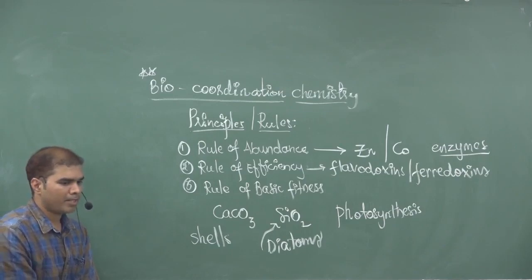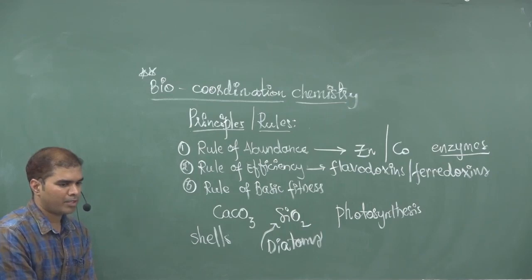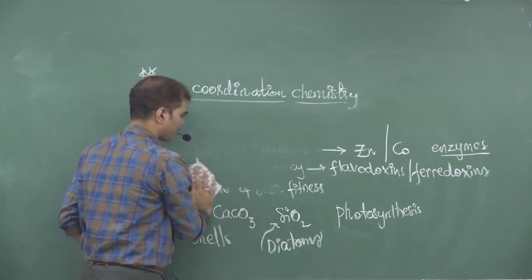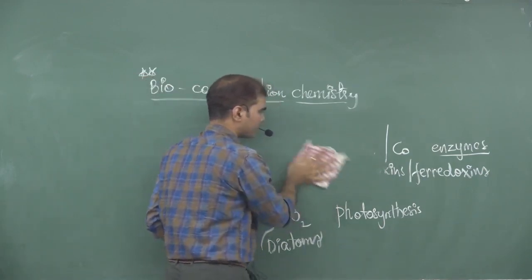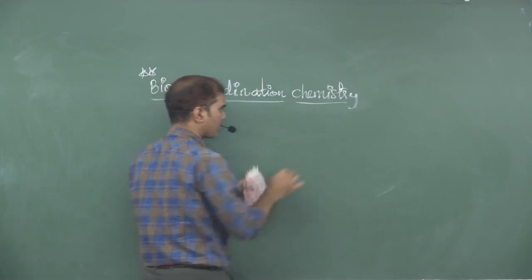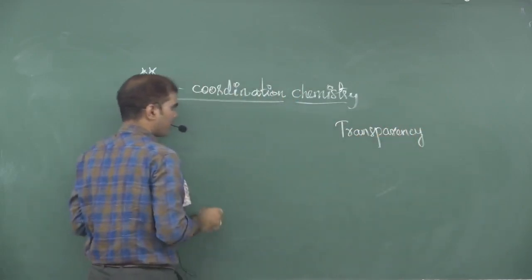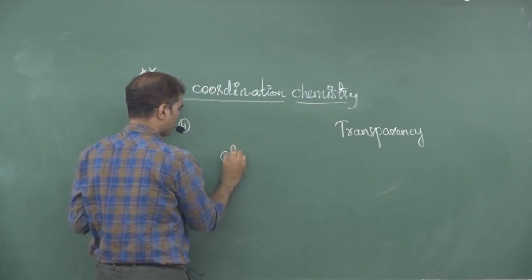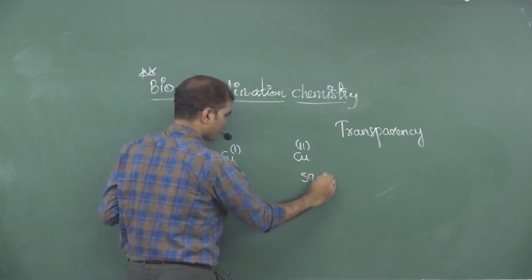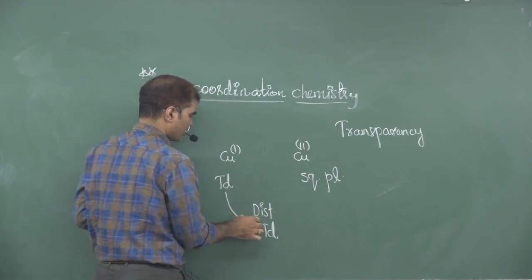But diatoms prepare the shell with silica, which could be due to its transparency to carry out the process of photosynthesis.